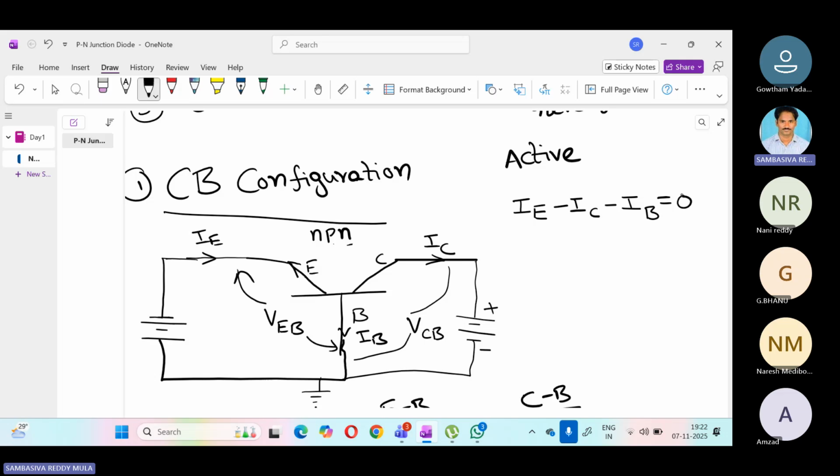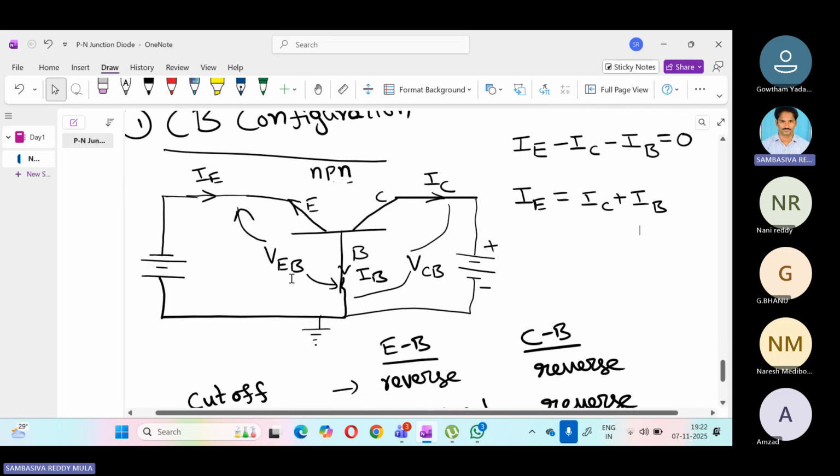The algebraic sum of currents at a junction is equal to 0 according to Kirchhoff's current law. So the BJT current relationship, in any configuration, is: emitter current is equal to collector current plus base current.